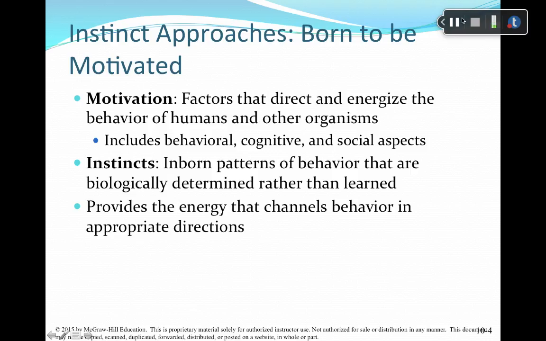Then there are the instincts. So what are these patterns that are innate, inborn, and biologically determined in our body? So we get thirsty so that we stay hydrated, things like that. And this instinct approach is that the energy channels the behavior.